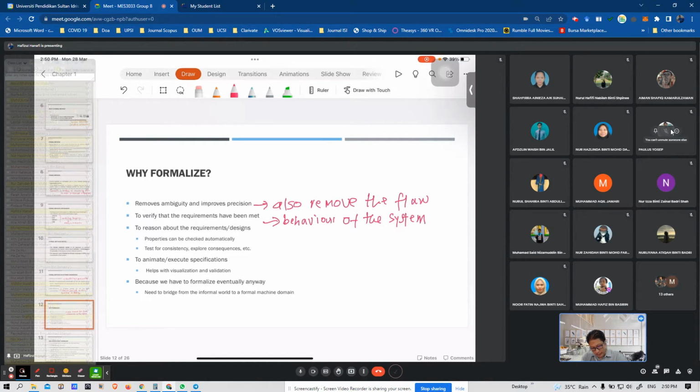Okay, and then to animate or execute the specification with visualization and validation, we need to visualize and validate the system requirement. Because of what? Because each phase needs to be documented.